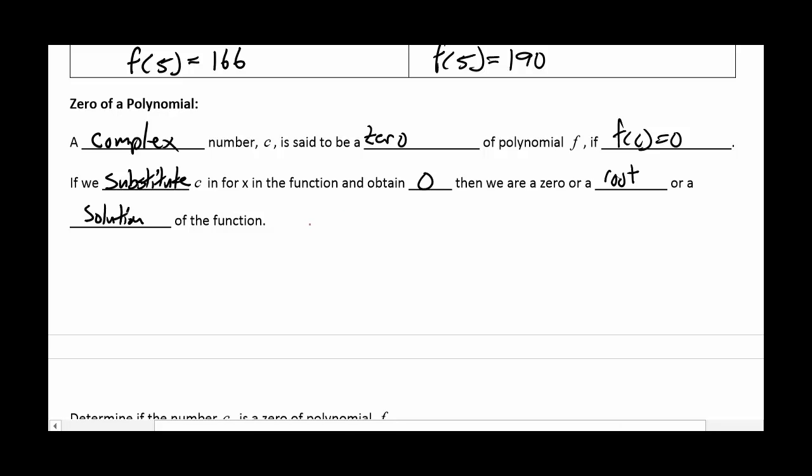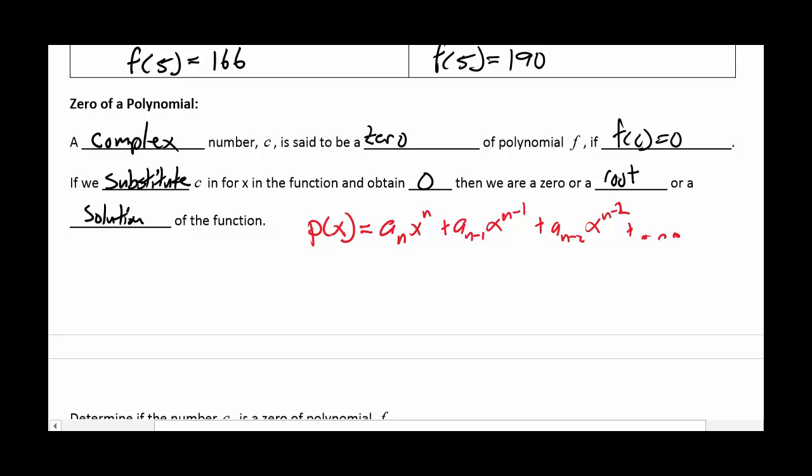So let's say we've got some polynomial, p of x equals, and I'm going to make up some very generic coefficient times x to the n plus some other coefficient times x to the n minus 1 plus some other coefficient, dot, dot, dot.